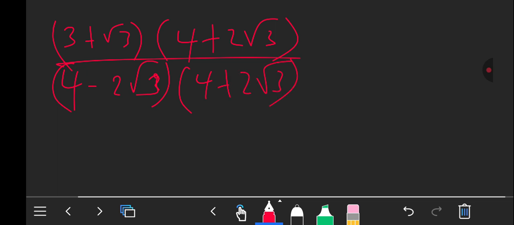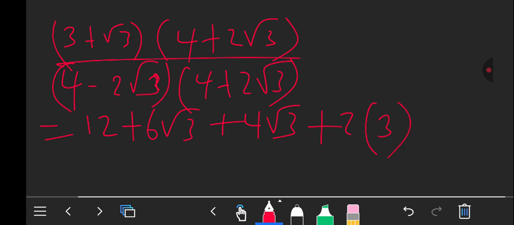Okay, so excuse me. So what we are going to have here is 3 by 4, that is just a 12. Then 3 by 2 square root of 3, that is just a 6 plus square root of 3. Then this is 4 by square root of 3, that is just 4 square root of 3. Then square root of 3 multiplied by 2 square root of 3, that will just be a 2. Square root of 3 multiplied by square root of 3, that is just a 3.